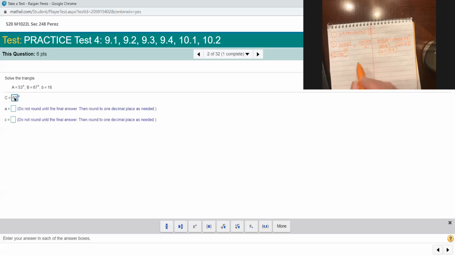And then I'm still going to use sine B because that's what they gave for sure. Side A is a rounded answer, so don't use A. So now I'm going to use sine of 67 over 16 again is now equal to sine of 60 over little c. So C times sine of 67 is equal to 16 times sine of 60, again, divided by sine of 67.